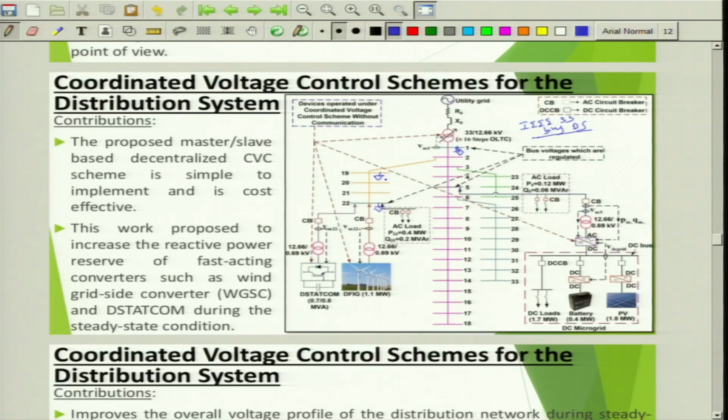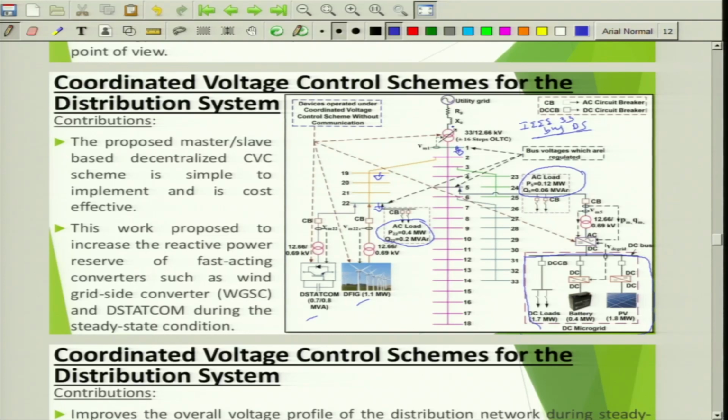At certain buses we have considered a load which is different from the IEEE 33 bus distribution system, so we can call this a slightly modified IEEE 33 bus distribution system. We have also considered a DFIG of 1.1 megawatt, a DSTATCOM and a DC microgrid which consists of DC load, battery and a PV as well, connected to bus number 5 via the inverter.